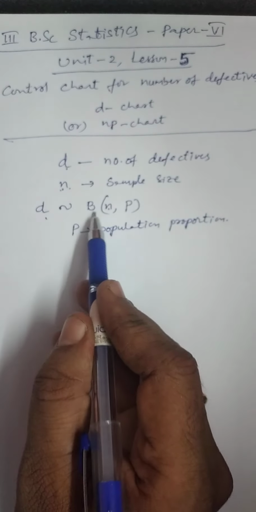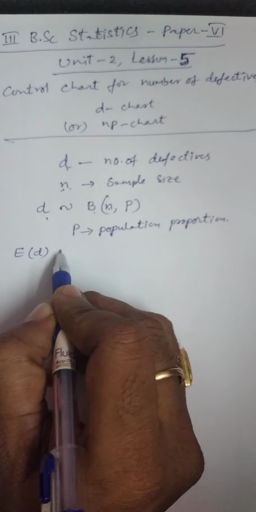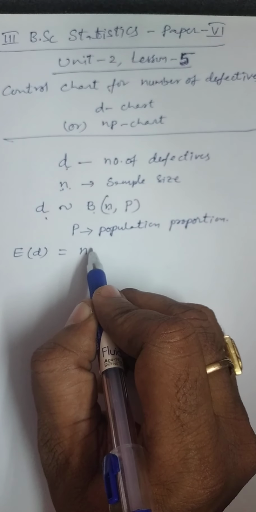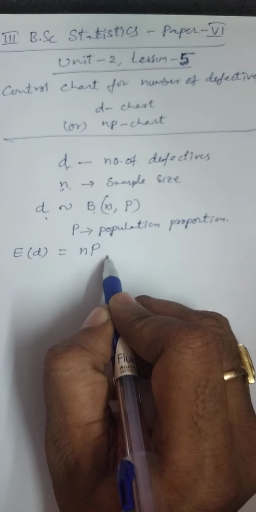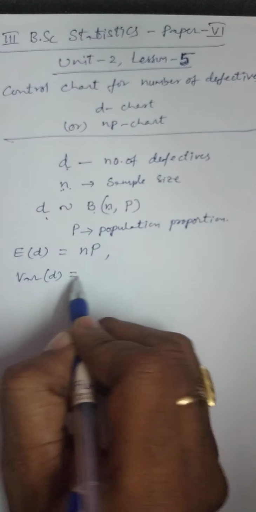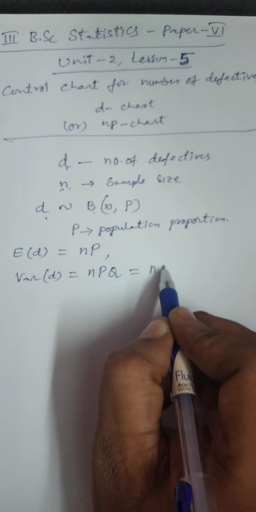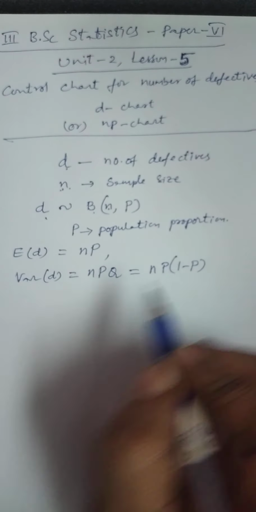So D follows binomial distribution. Therefore, I write the values: expectation of D is equal to mean value of D, n into capital P, and variance of D is equal to n into PQ is equal to NP into 1 minus P, capital P.